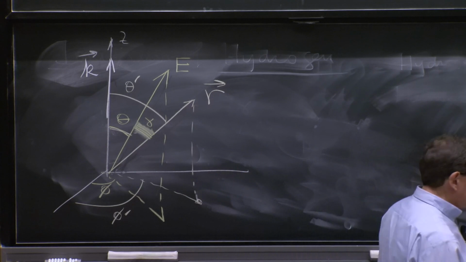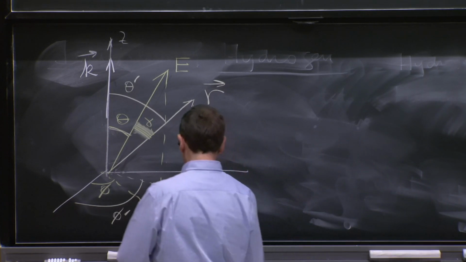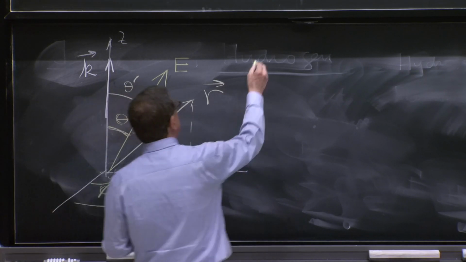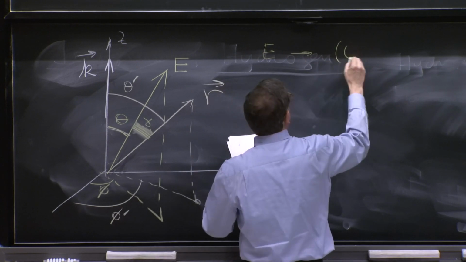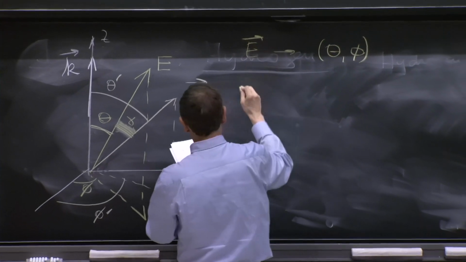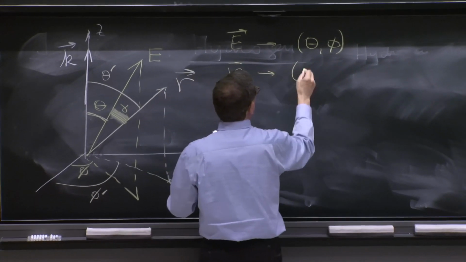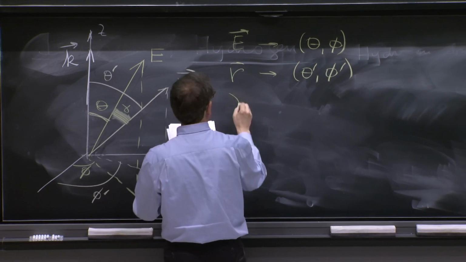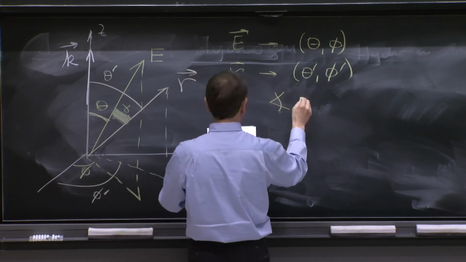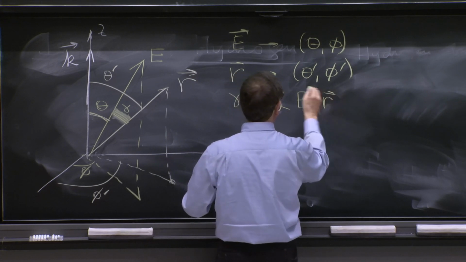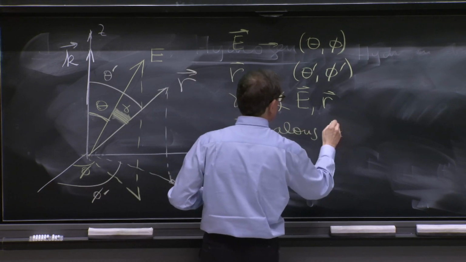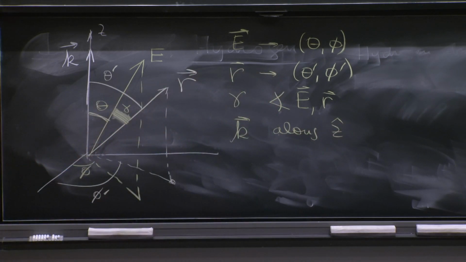Okay, so we have everything defined here. Maybe I should list it. E has angles theta and phi, the direction of E. r has angles theta prime and phi prime. And gamma is the angle between E and r. And k along z hat. So this is our situation.